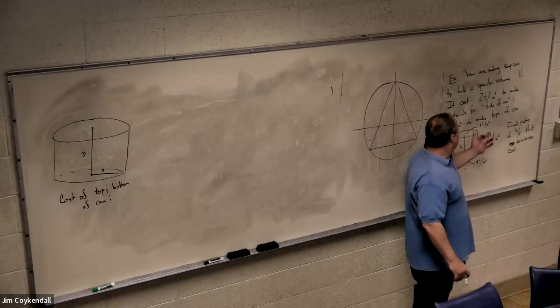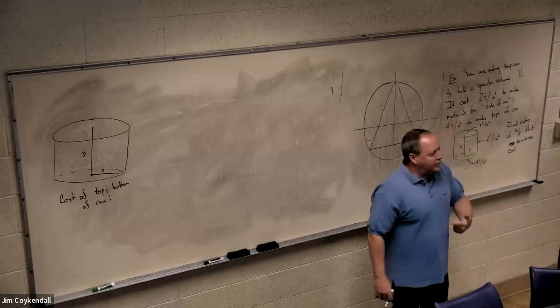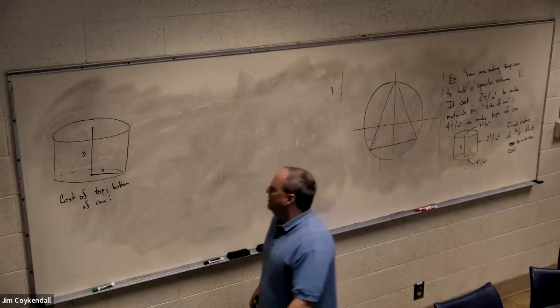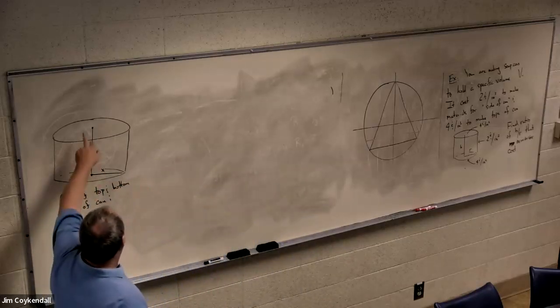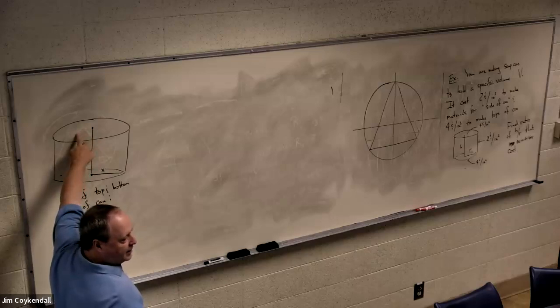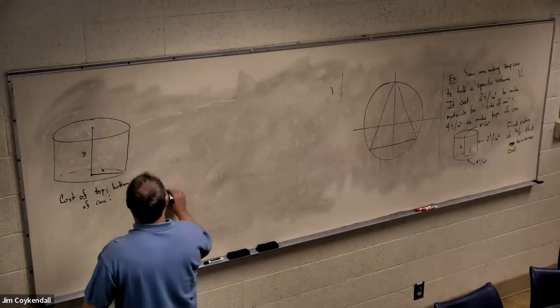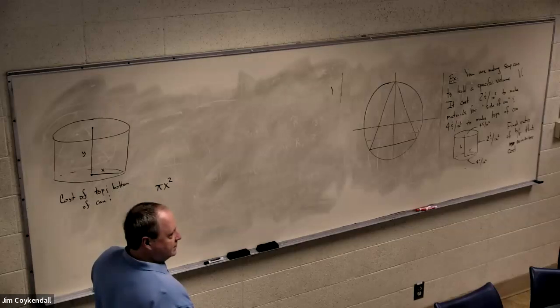Well, here's what you know. It costs 4 cents per square inch, right? So to know how much this costs, you've got to know how many square inches. What's the size of that top in square inches? It's a circle, so the area of that top is pi x squared. If x is measured in inches, that gives me how big the top is.